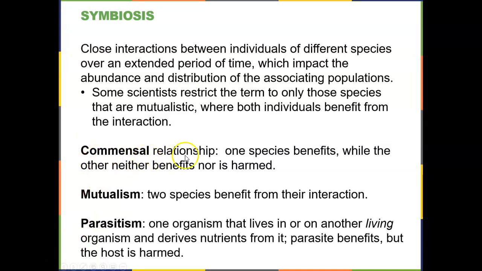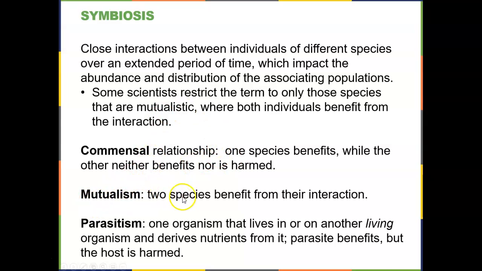A commensal relationship means that one species is going to benefit from the living together, while the other species is neither benefiting nor harmed in any way. It just kind of goes about its business. And we'll have some examples of that coming up in a slide.